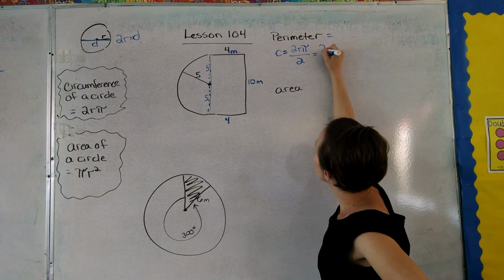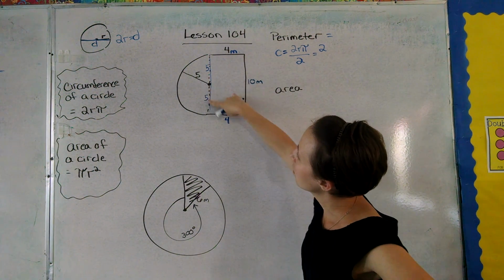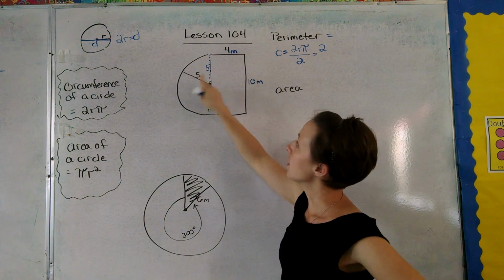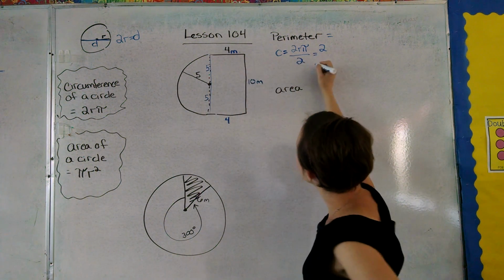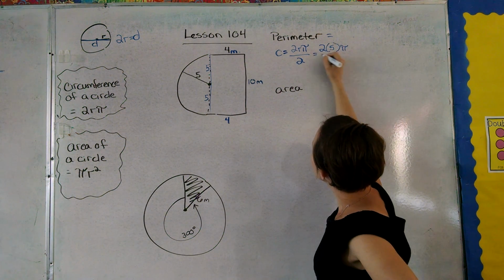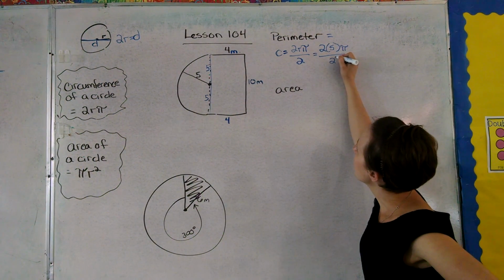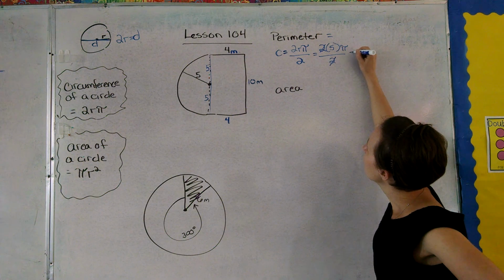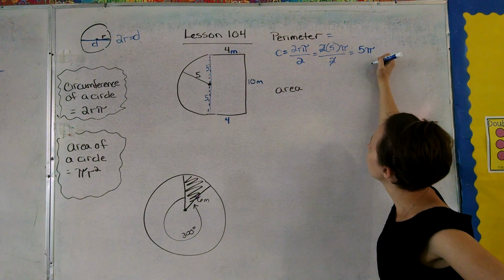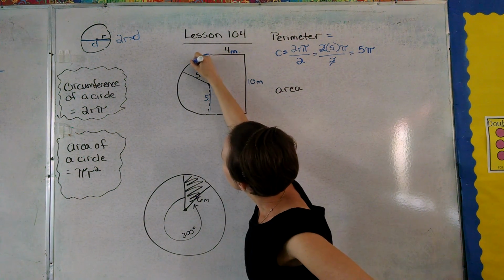Well, 2 times r. My radius is 5. Do not be confused and do 2 tens. It's 2 times the radius, which is 5. 2 times 5 times pi divided by 2. I see immediately that my 2's cancel out, leaving me with 5 times pi. That would be the circumference of this part of my figure.